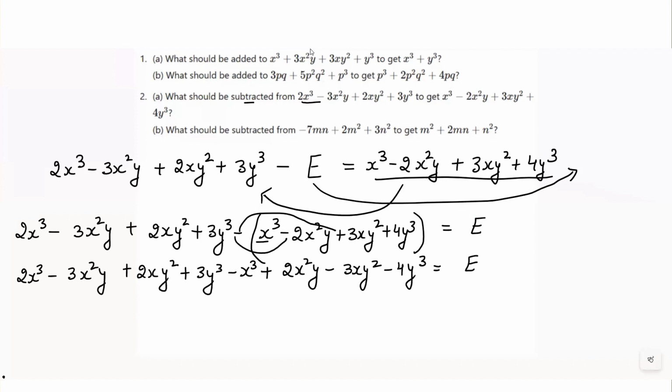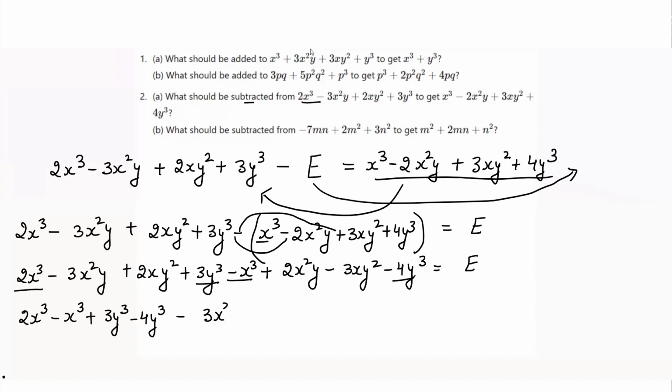Now we will write the like terms together: 2x cube and here we have minus x cube, we will write them together. Then 3y cube minus 4y cube, we will write them together.